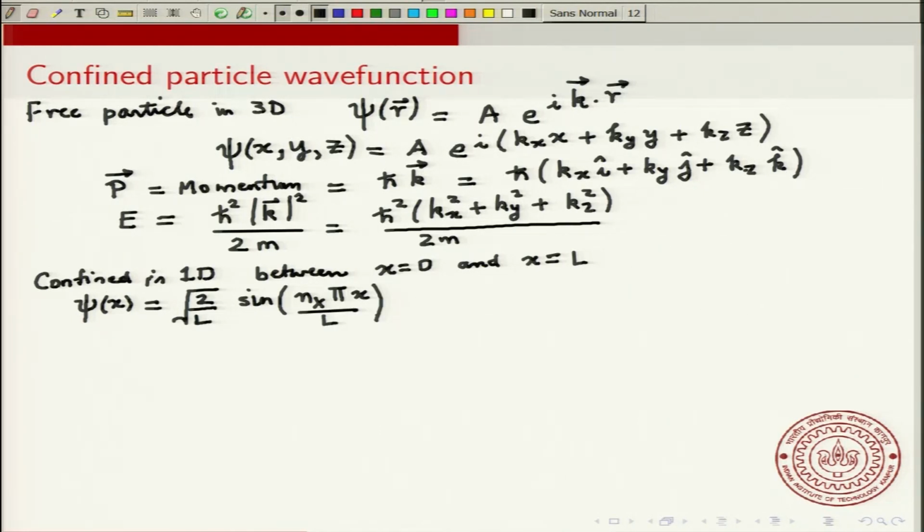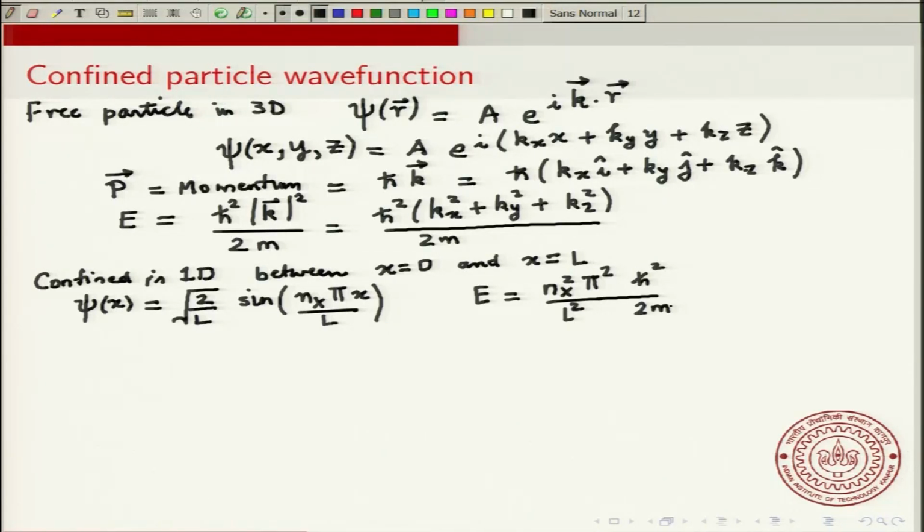Okay. So, this has energy equal to n x square pi square h cross square by L square times 1 by 2 m, that is n x square pi square by L square into h cross square by 2 m.